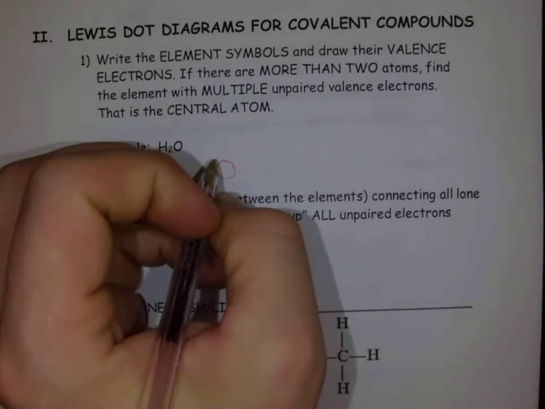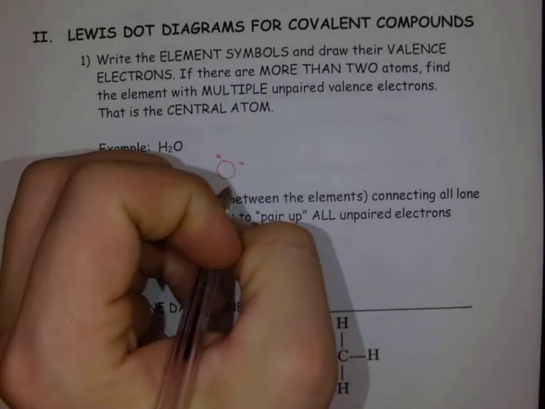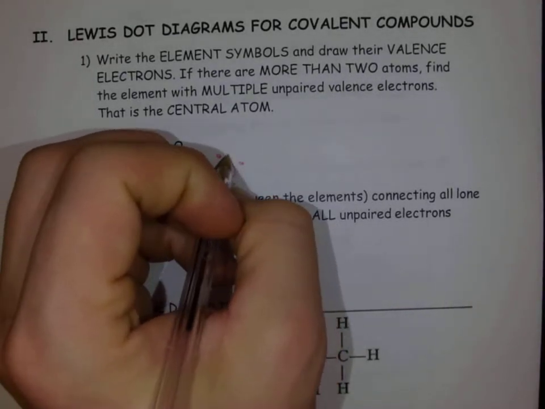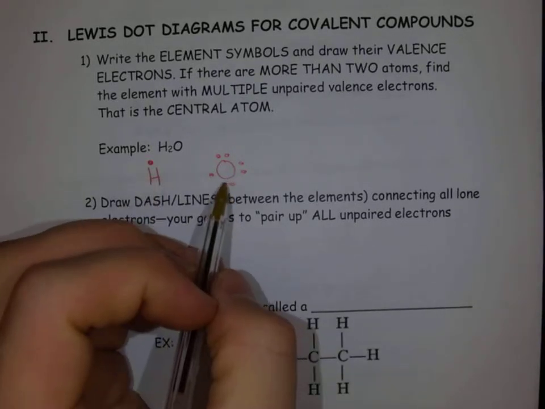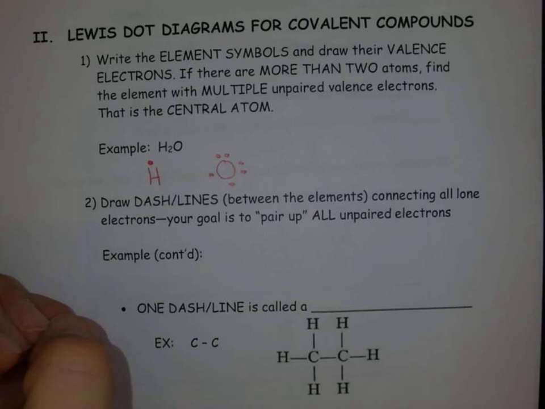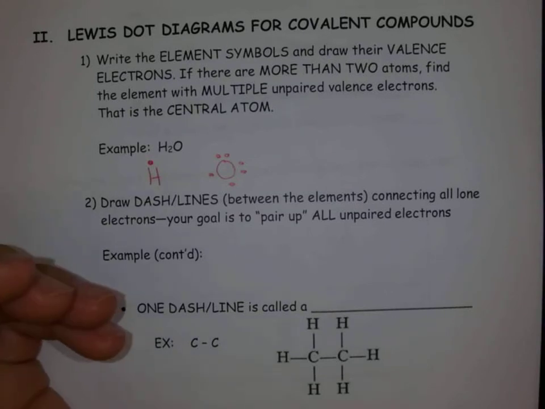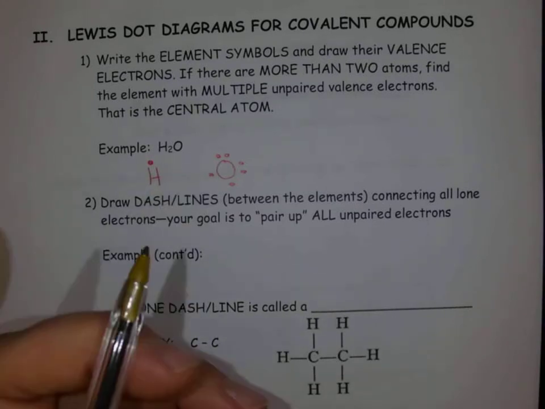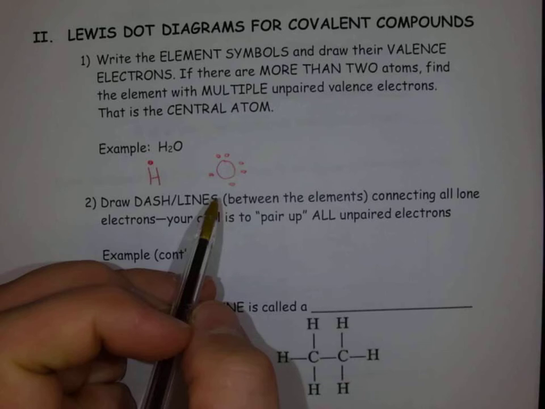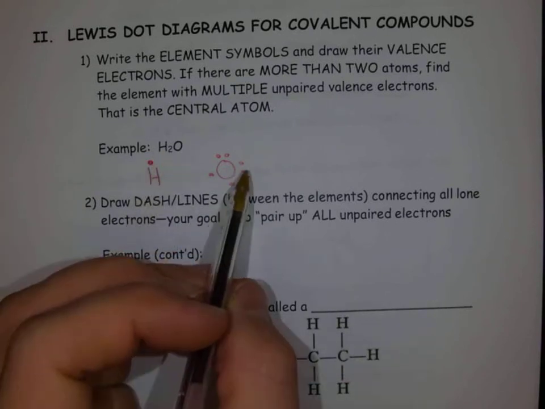Oxygen, on the other hand, has 1, 2, 3, 4, 5, 6 valence electrons, so it wants to get up to 8 valence electrons. So both of these elements want electrons. Their electronegativity is relatively high compared to a number of other elements, so what they're going to do is share.